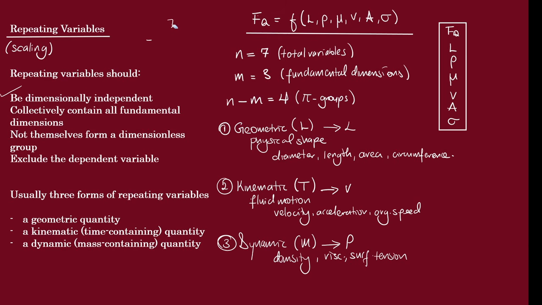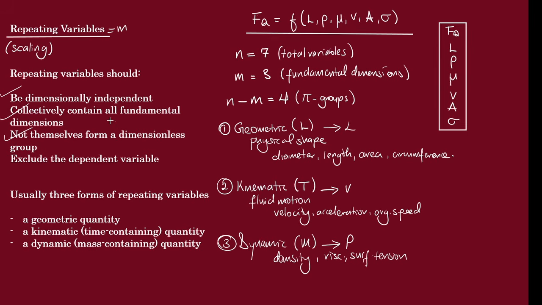There's no way you should have repeating variables with the same dimensions. Two is that they must contain all fundamental dimensions involved, which is why we said that the number of repeating variables is equal to m, the number of your fundamental dimensions. It is also why they're grouped into three: geometric, kinematic, and dynamic.